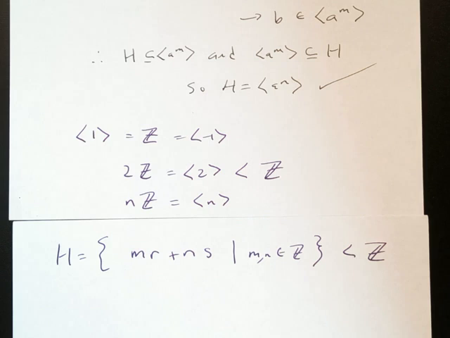That would show me that there are things that are not in this set that are in the integers. But what do I need to know that this is a subgroup? 3 things I need to know. Well, it all boils down to basically one thing. You need to know if it's closed. If I take 2 of those things and I add them together, do I get another thing that looks like this?